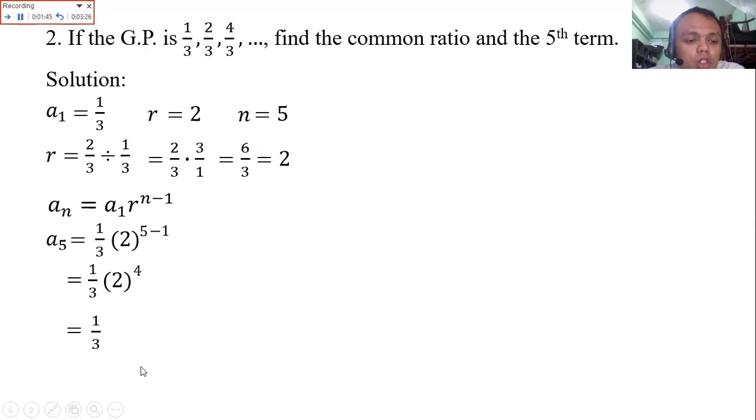This means we multiply 2 four times by itself: 2 times 2 times 2 times 2 is equal to 16. Then 1/3 times 16 is equal to 16 over 3. This is our fifth term.